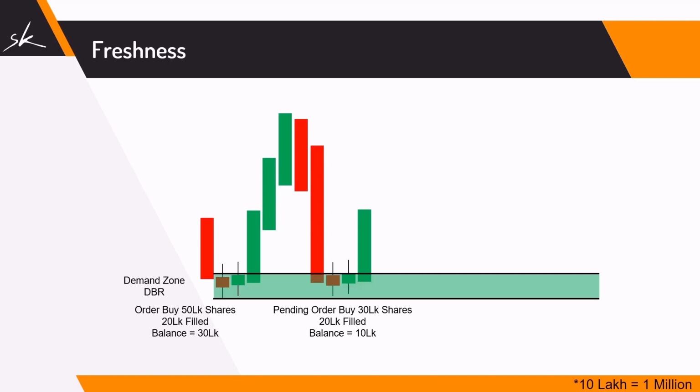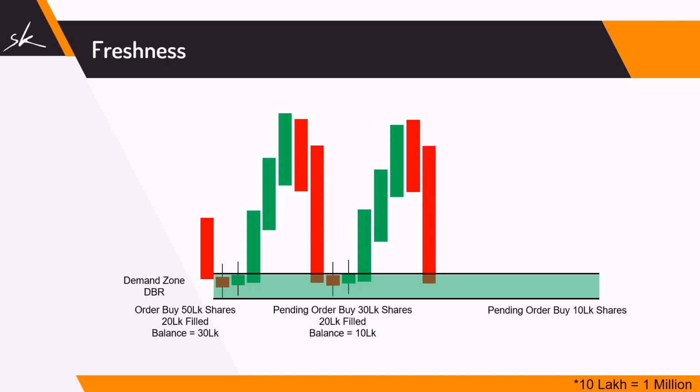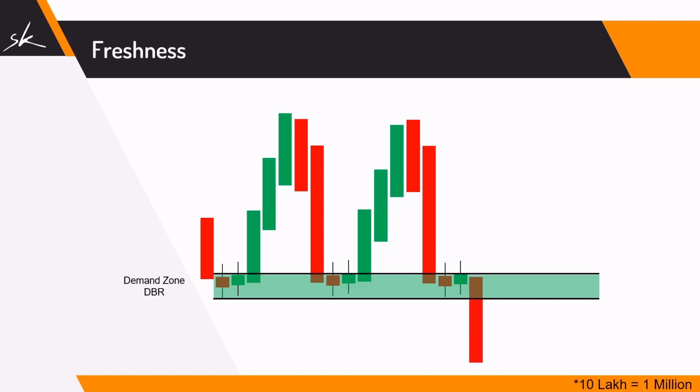After some time, price starts coming back into the zone where we already have a pending order for 10 lakh shares. Price again starts trading in a range and now the balance is 0 shares to be bought. Since the demand has been depleted because of more supply, now prices can move down.